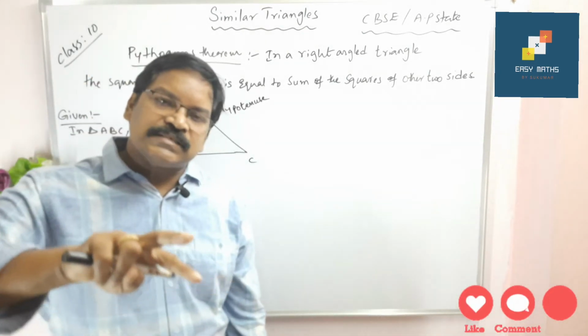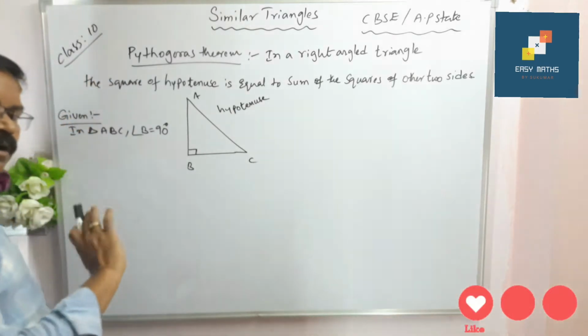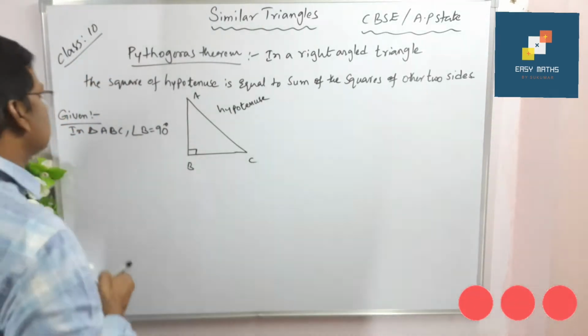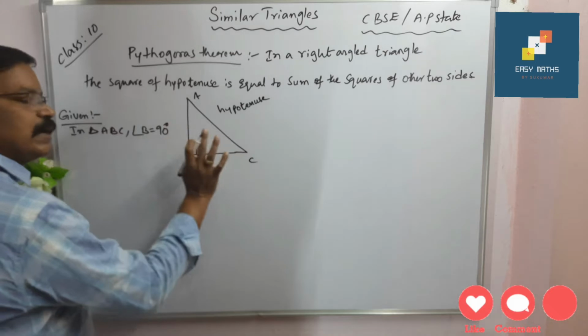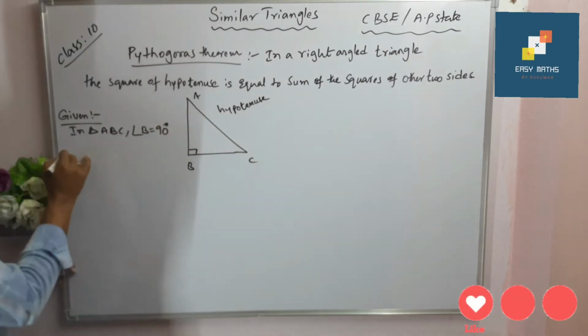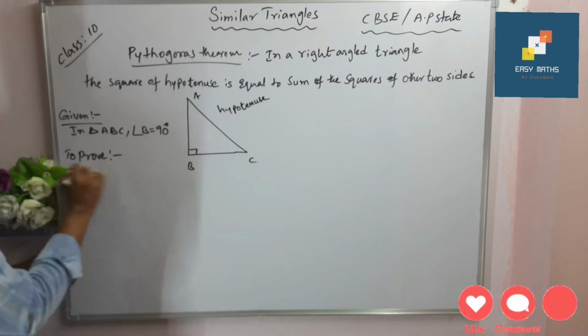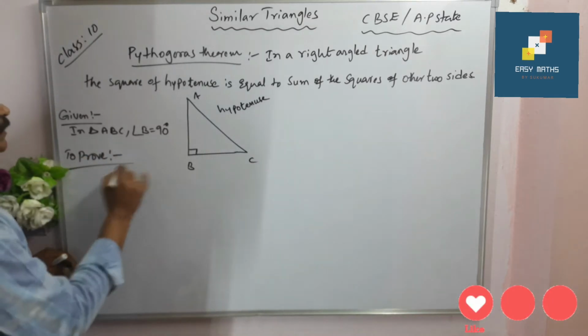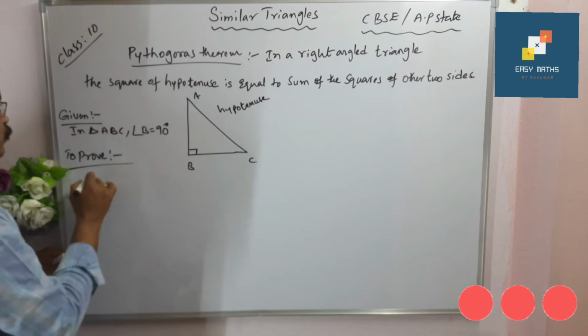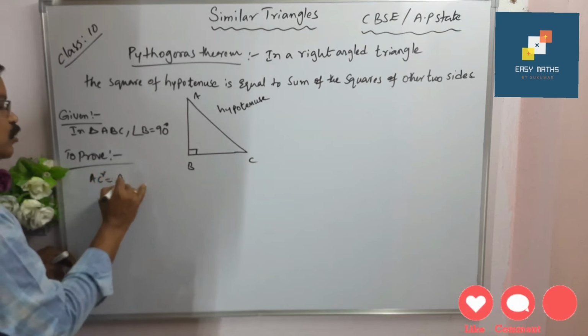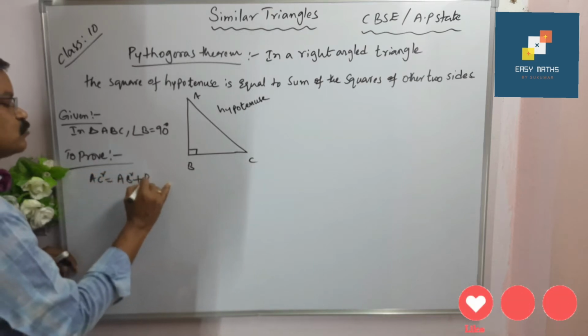The other two angles are acute. Why? The sum of the three angles is 180 degrees. So here this is the only right angle. The other two are acute. Now what is to be proved here? To prove, my dear students: the square of hypotenuse, that means AC square, is equal to the sum of the squares of the other two sides.